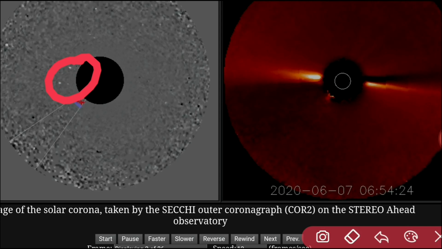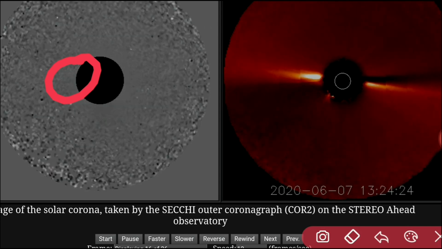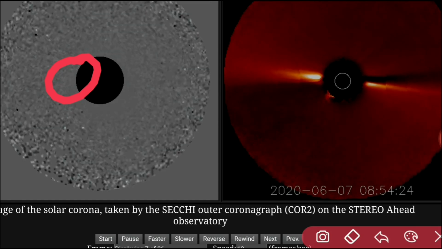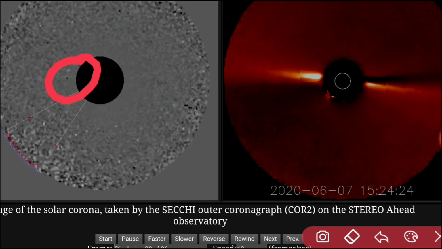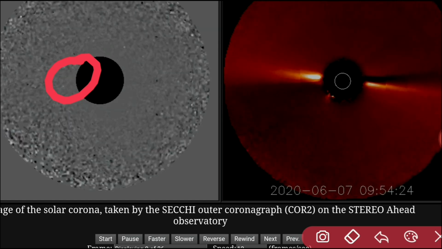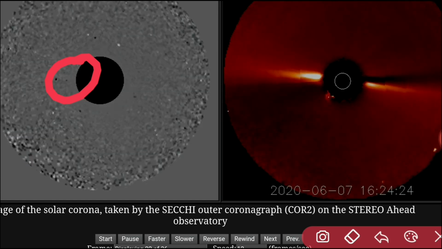That would be directly Earth facing. That would be coming at us if that was to happen. I'm not saying that's happening right now, because I'm not seeing anything that would tell me that.